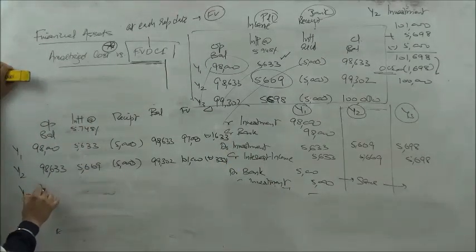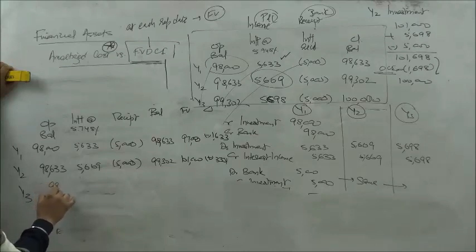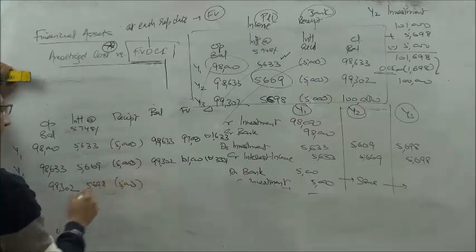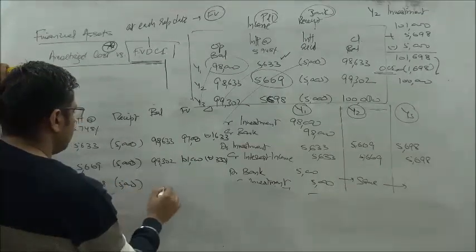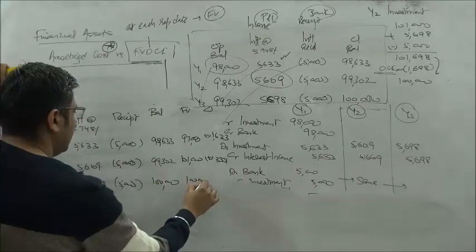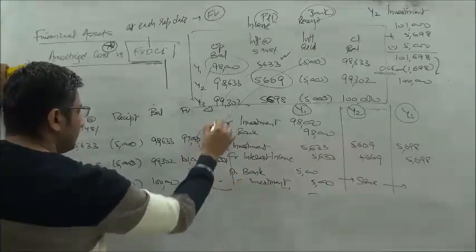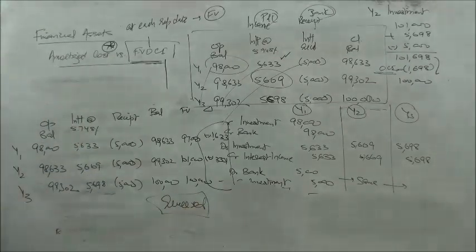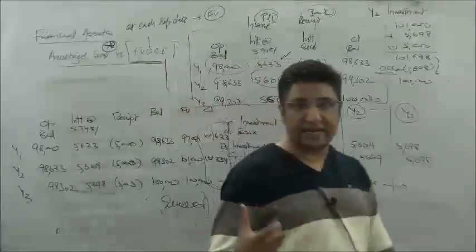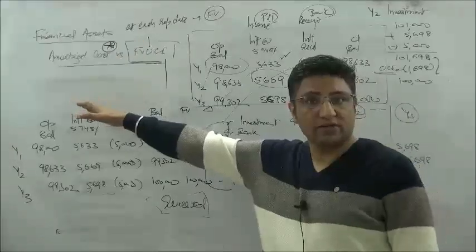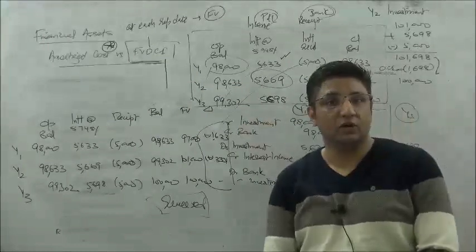Year 3, my balance again goes to 99302, and I say 5698 minus 5000. So this gives me a value of 100,000 here, and since my delta would be nil here, whatever changes are coming in should be reversed in my books in that direction. So that is how you start recognizing the accounting for your financial asset investments when they're done through amortized cost versus when they're done through FVOCI.